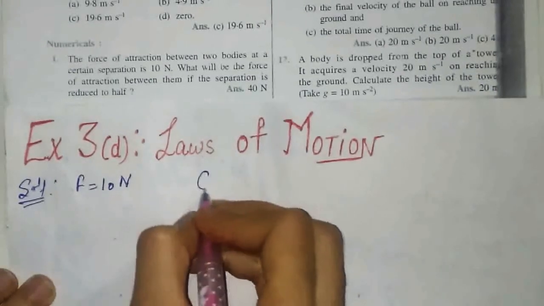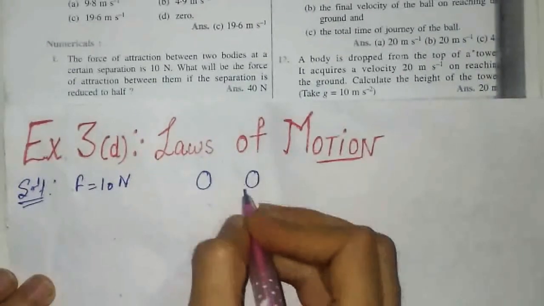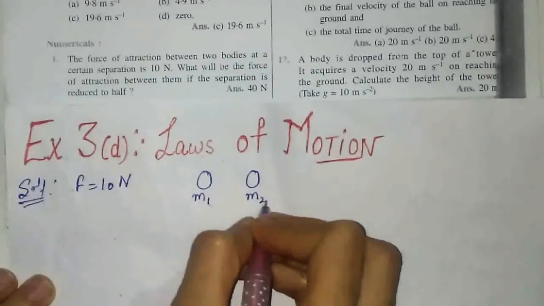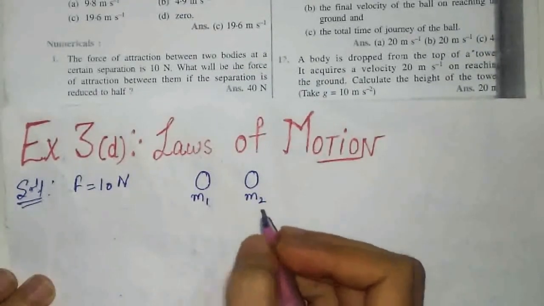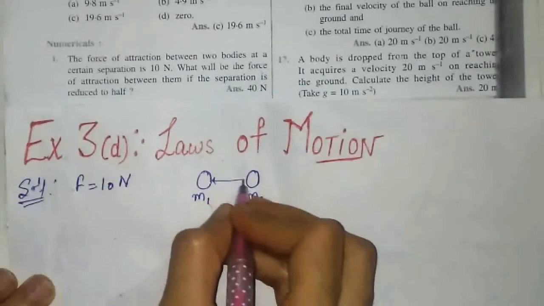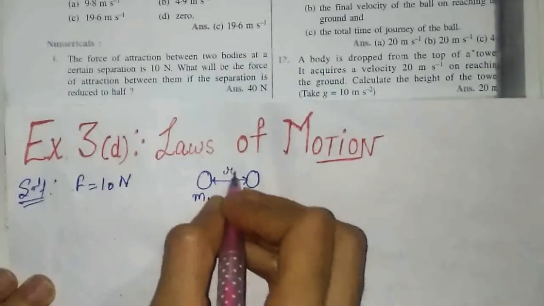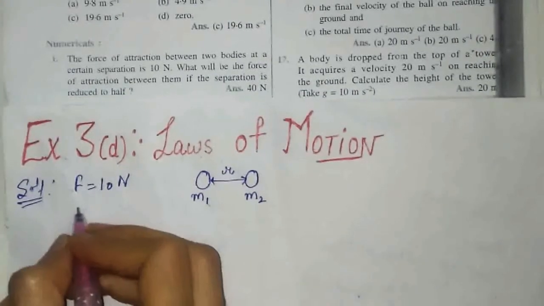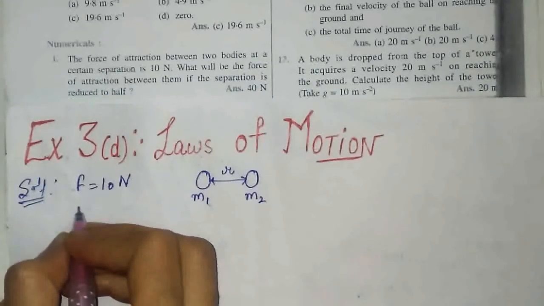Let us consider the two bodies are like this. The first body has mass m1 and the second body has mass m2, and these are separated by a distance small r. Clear? So the separation distance is initially r.